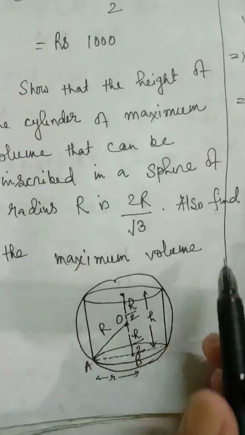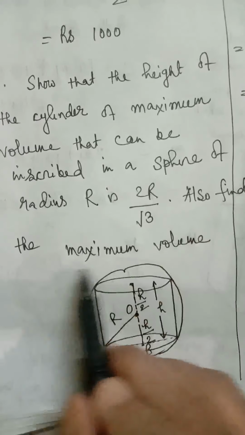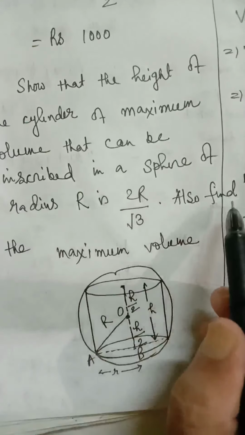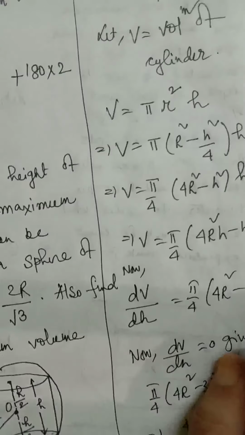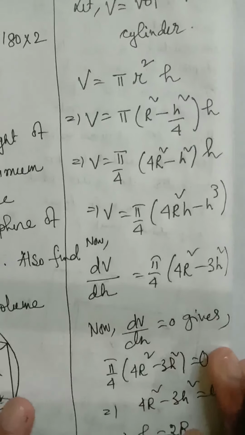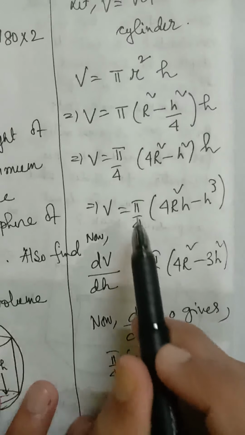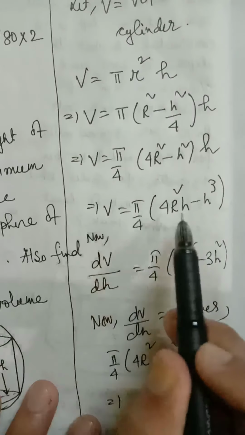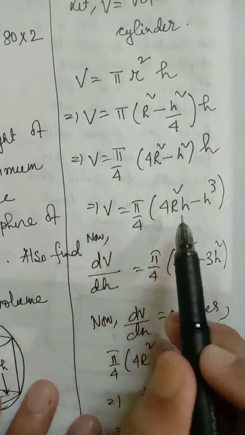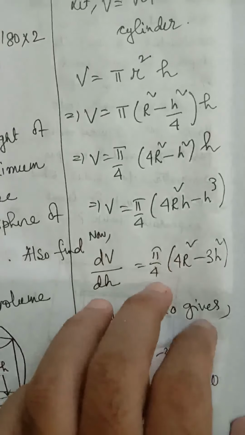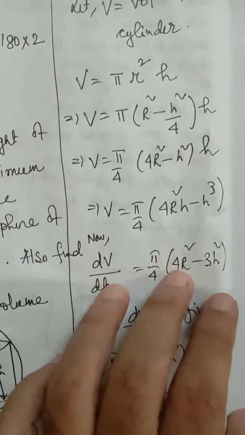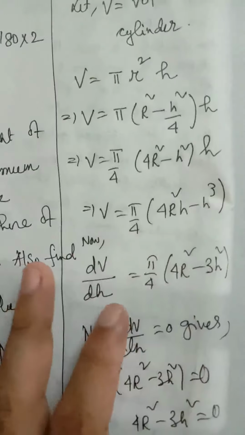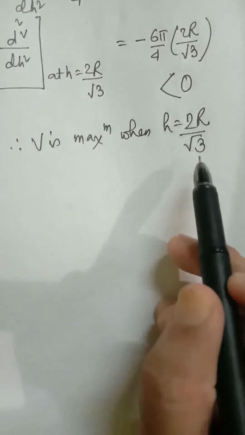Now the next part is to find the maximum volume. To find the maximum volume, you can see V equal to pi by 4 into 4r square h minus h cube. This is V in terms of h. V is maximum when h equal to 2r by root 3.